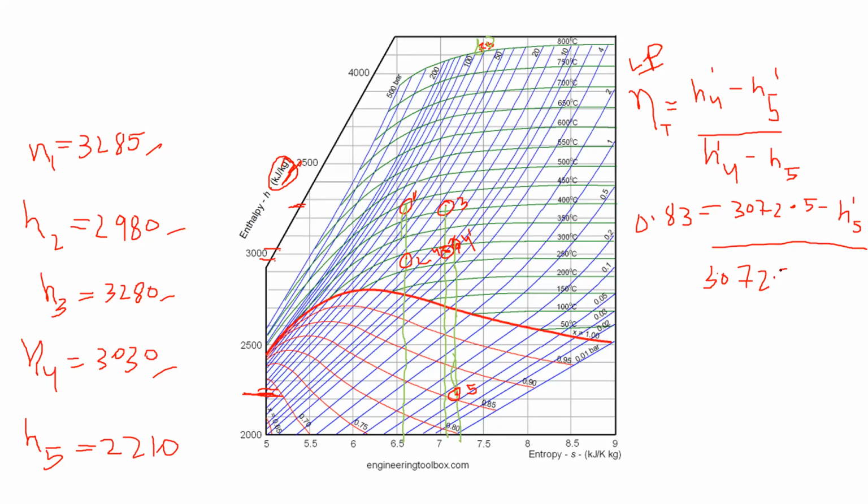Minus, here I have the H5 value. The H5 is 2210 kilojoules per kg. From this equation, I get the H5 dash.